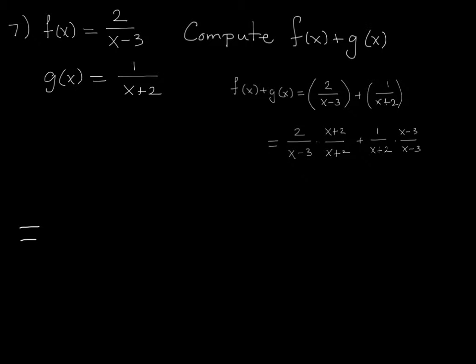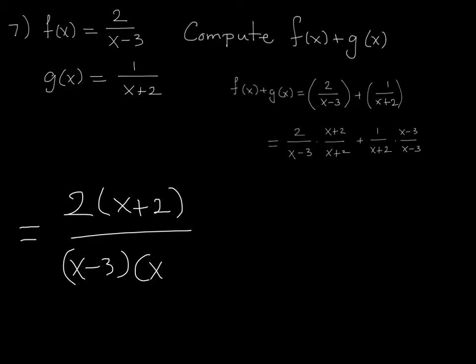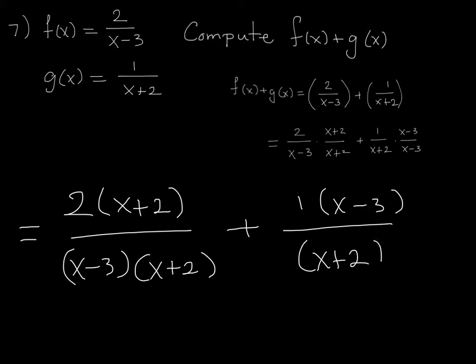So multiplying the numerators, we have 2 times x plus 2 over x minus 3 times x plus 2. That's the first fraction, and to that we'll be adding 1 times x minus 3 over x plus 2 times x minus 3.